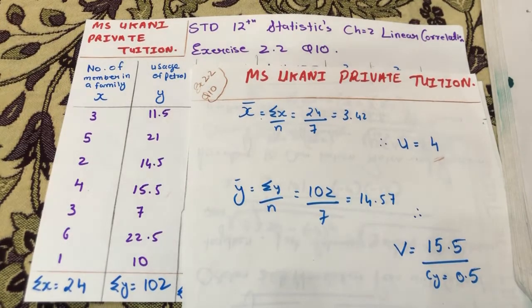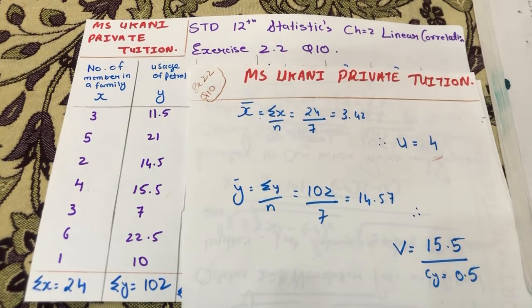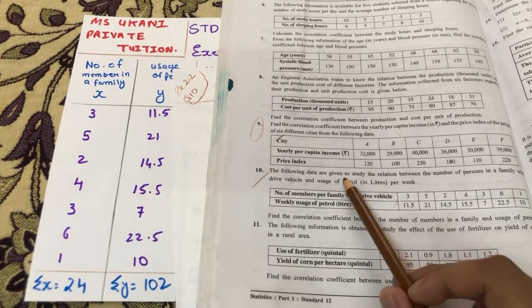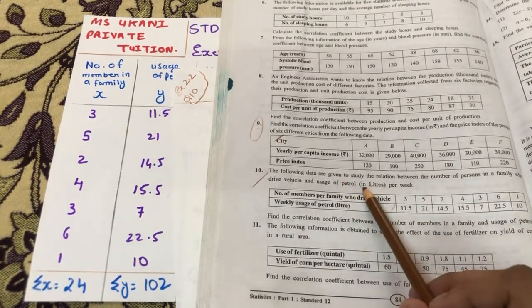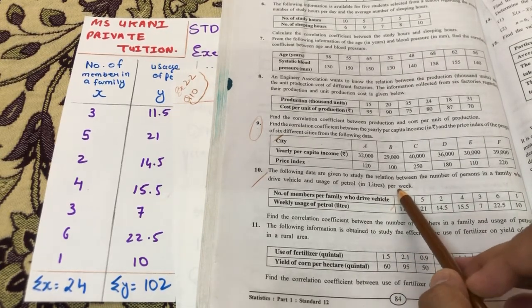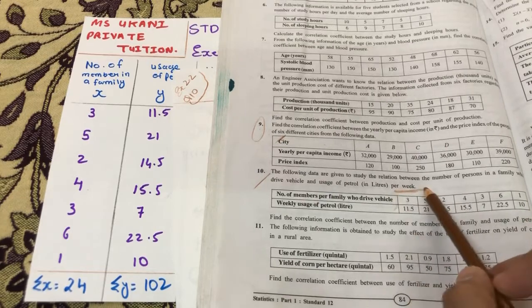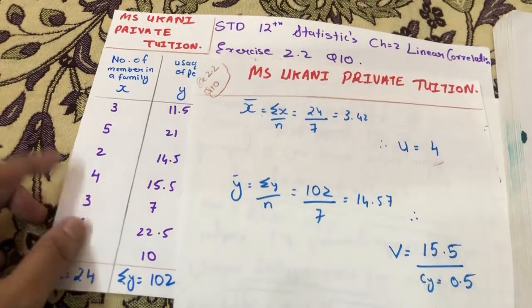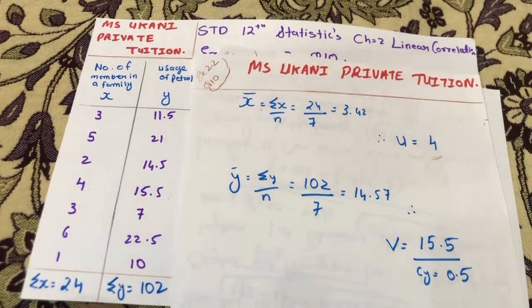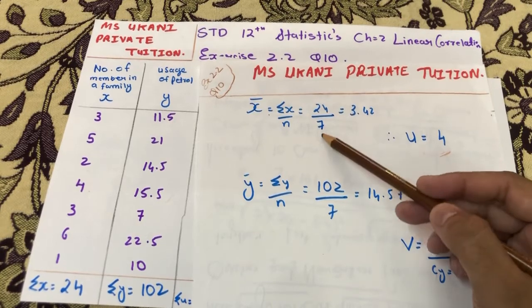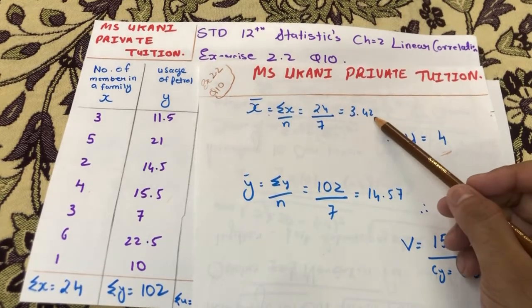In the question they also said usage of petrol in liters per week, and as you know in a week there are 7 days, so our small n will be 7. So summation X, that is 24, upon 7, our answer will be 3.42.